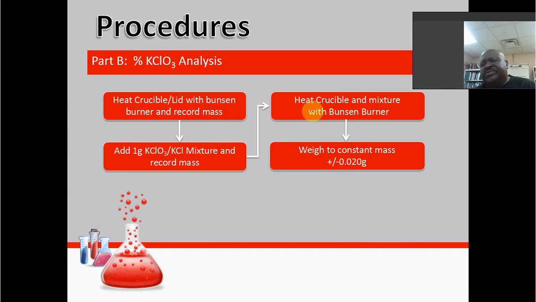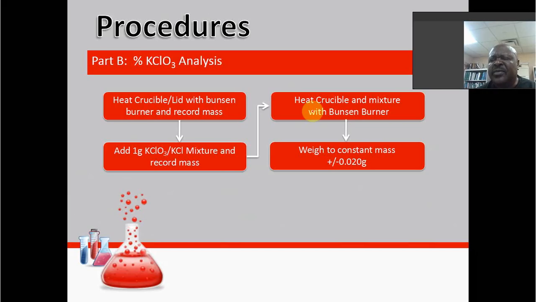But the question is, how do I know the decomposition reaction is complete? Well, how do I know I've stopped growing?